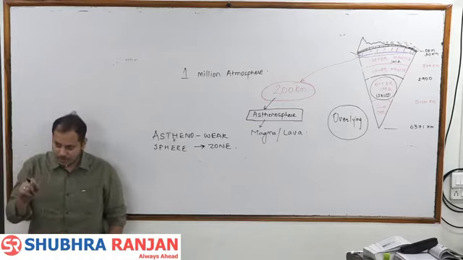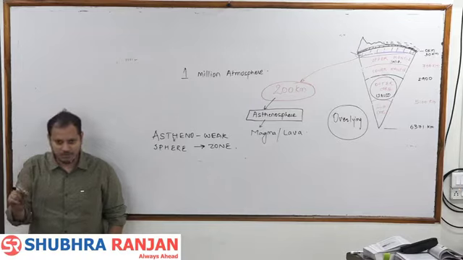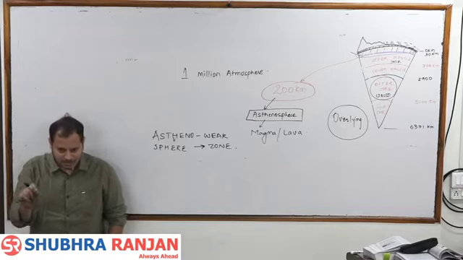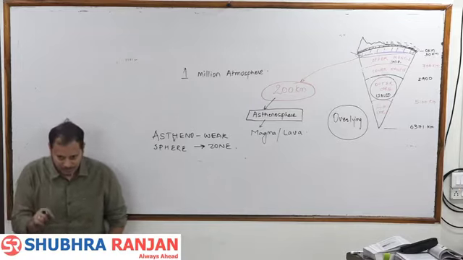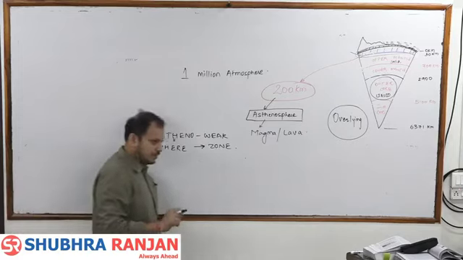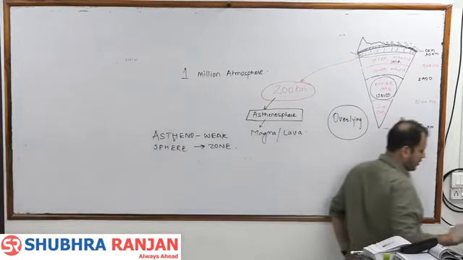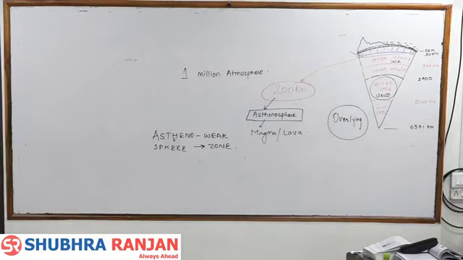So the pressure of the rocks will be 1 million atmosphere, meaning 1 million kgs per square centimeter, at the depth of 1500 kilometers.